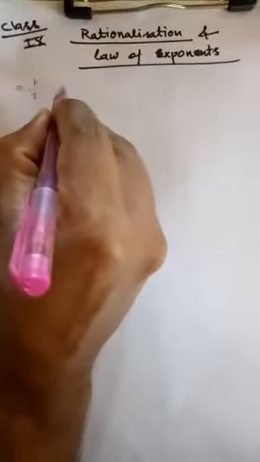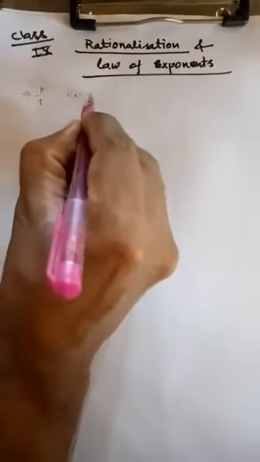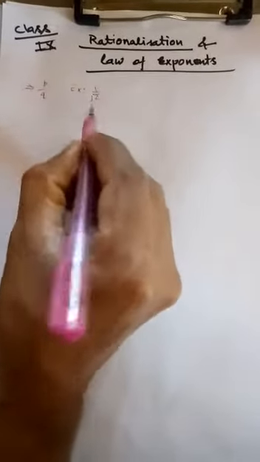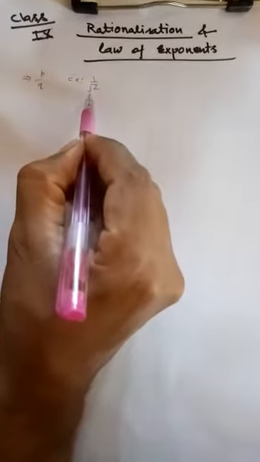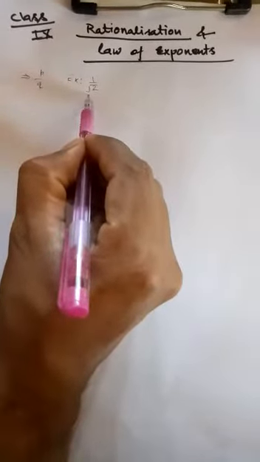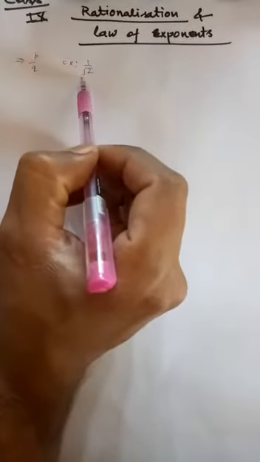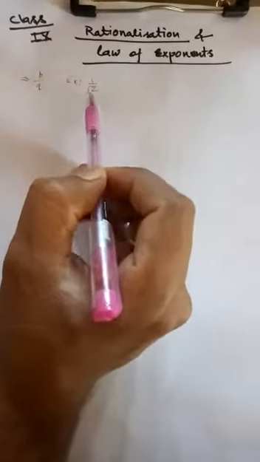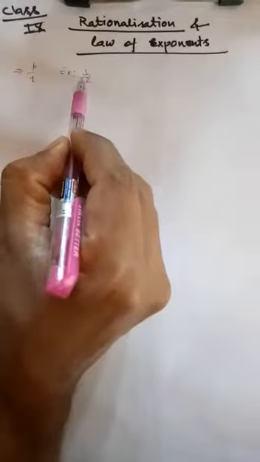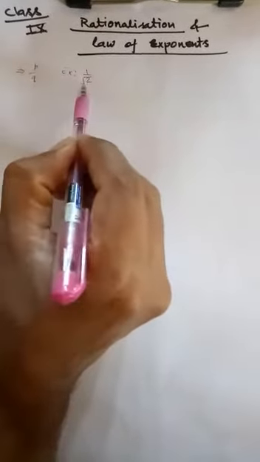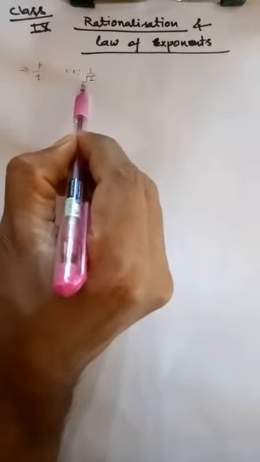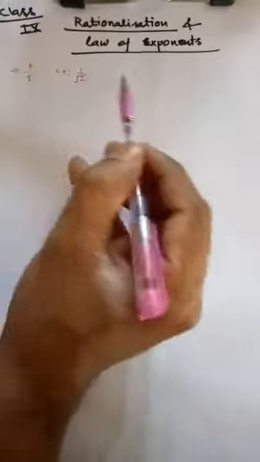If q is irrational, for example 1 upon root 2, and now we know that root 2 is irrational, so rationalization means we will rationalize our denominator to convert it from irrational to rational.